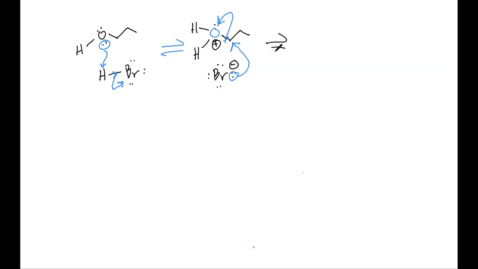Everything happens at once. In this case, the everything happening at once is the nucleophile attaching and the leaving group leaving. So that gives us our water byproduct, which is the leaving group after it's left, and it gives us our alkyl bromide.